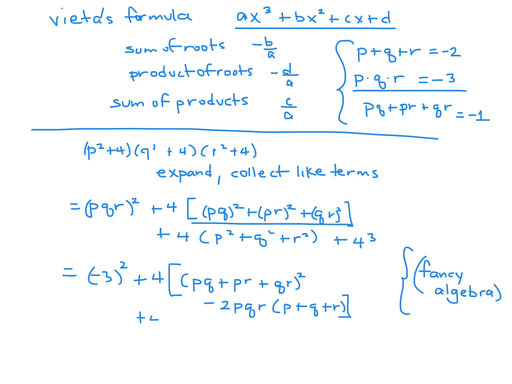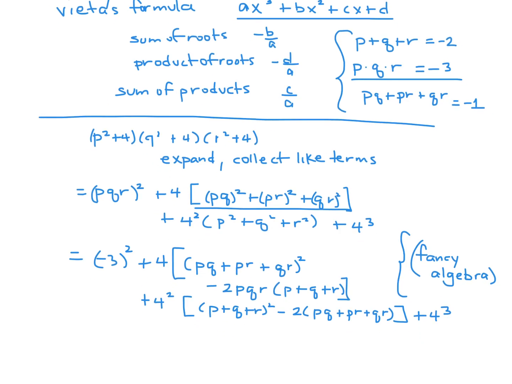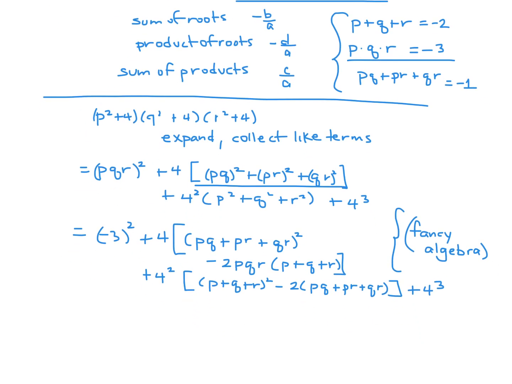And then plus 4 squared... I think this was a 4 squared, sorry about that. (p plus q plus r) all squared minus 2 times (pq plus pr plus qr), and then the 4 cubed just remains as is. Now at this point we can make the substitutions from our Vieta's.